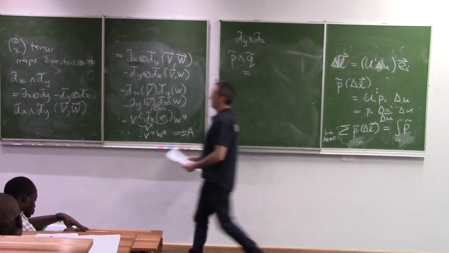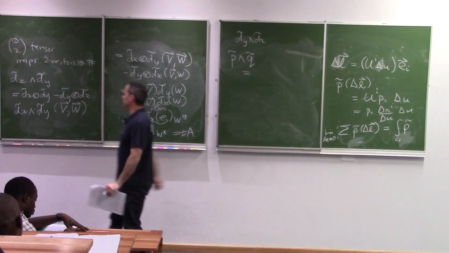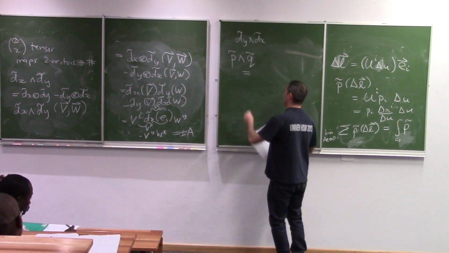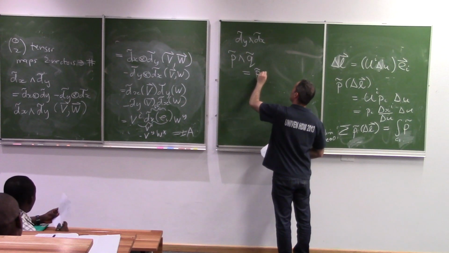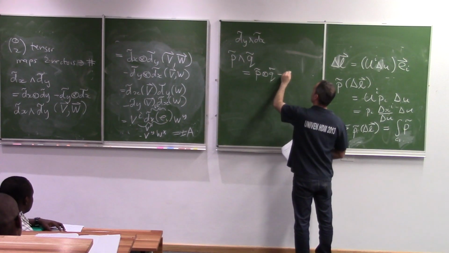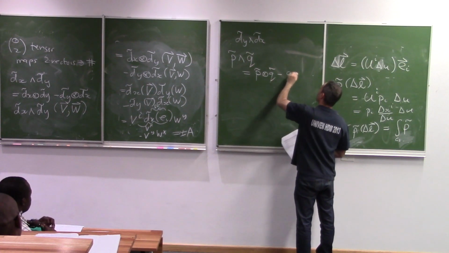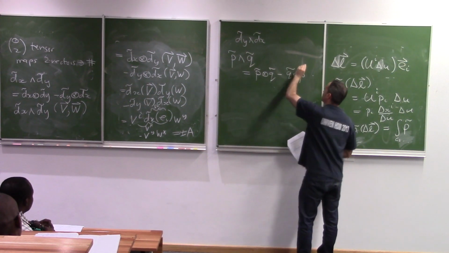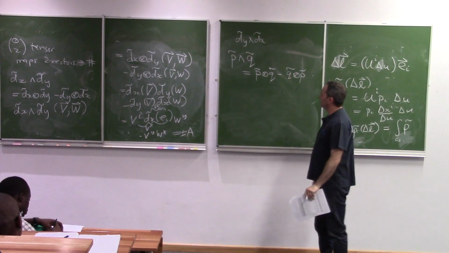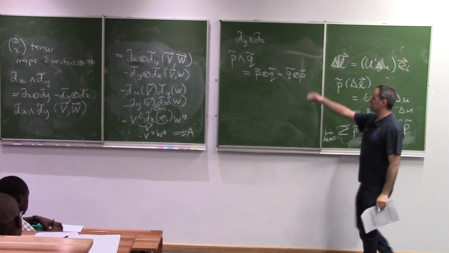I define the wedge product of two 1 forms in the same way as I defined the area 2 form. So that's going to be P tensor Q minus Q tensor P. Okay, and now we can go ahead and work out the components of this object.